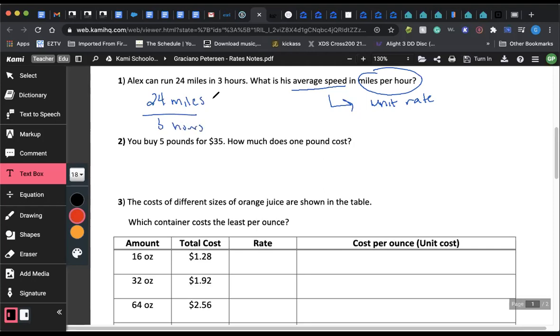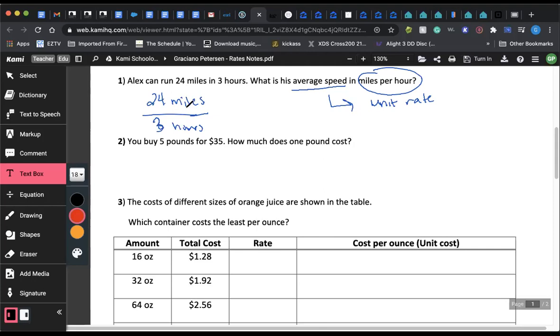How do I know that miles is my numerator and hours is my denominator? Why did I set it up this way? 24 miles over 3 hours. Student: You want to find out what his average speed is. Okay, but why do I know that I need to put miles over hours, not hours over miles? Student: You want to divide that 3 into 24.